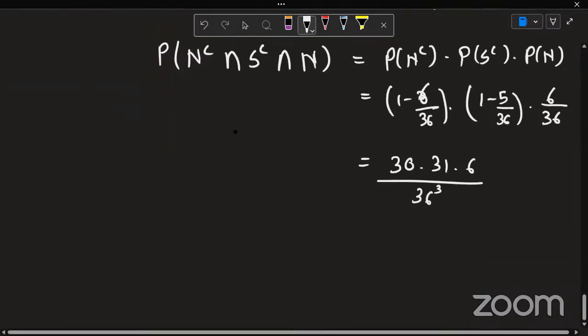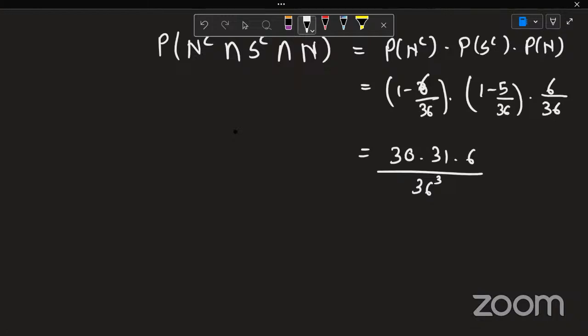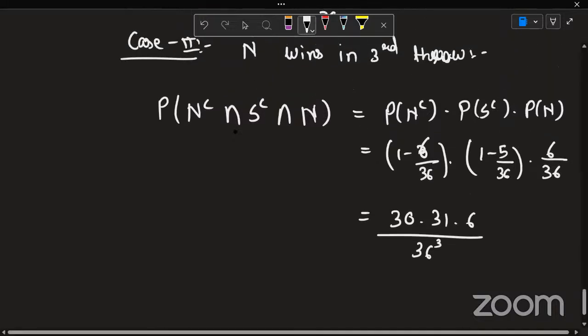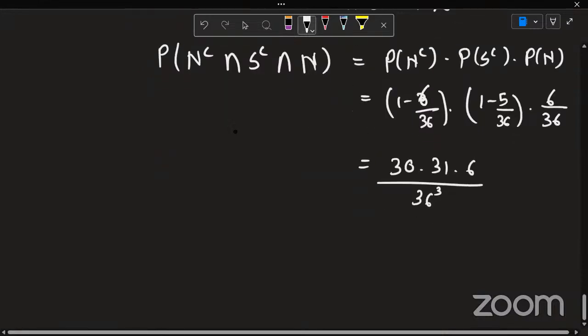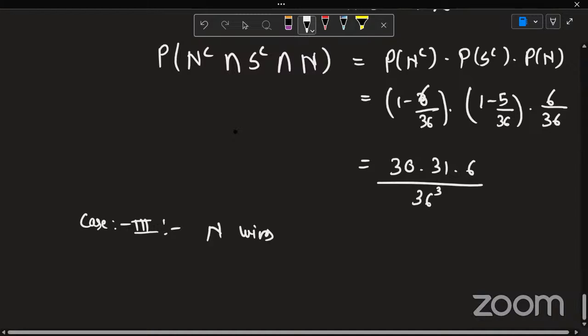Similarly, for the fifth throw, what will happen? Let's say she is not winning in the third throw also. So now if N has to win, then we should go till the fifth throw. So this will be case 3, that N wins in the fifth throw.